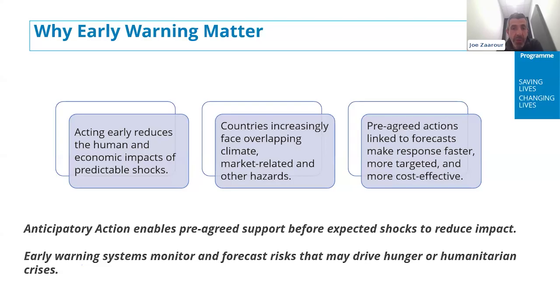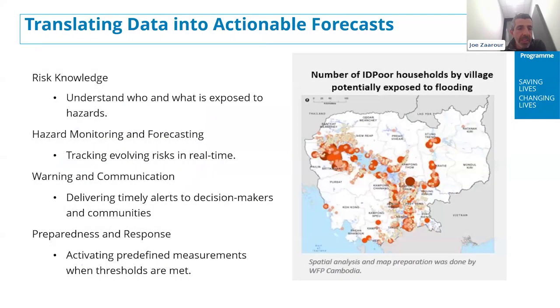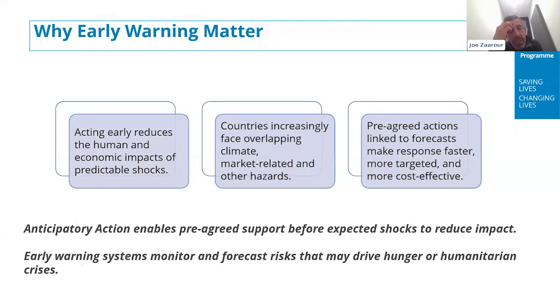So without further ado, if we may skip, please. Yes, thank you. I apologize, the previous slide. As we all know, we all appreciate the economic and human savings that come with acting early, as opposed to responding to a certain event.